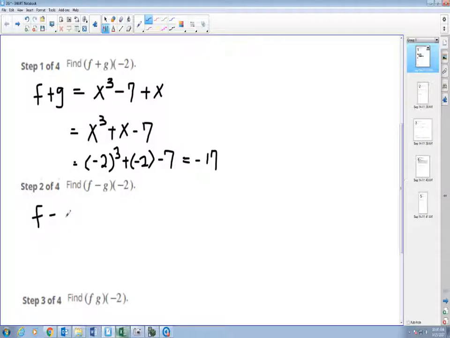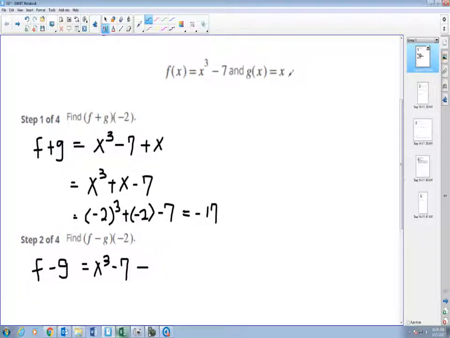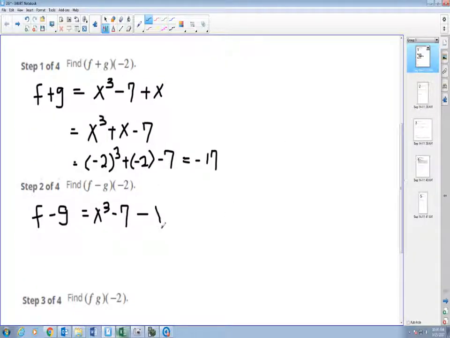Watch out for the subtraction, because that's a negative sign for your second function. My first function, no problem, x to the third minus 7. Minus my second function, only one term, so I can simply put x right here. So I get x to the third minus x minus 7.